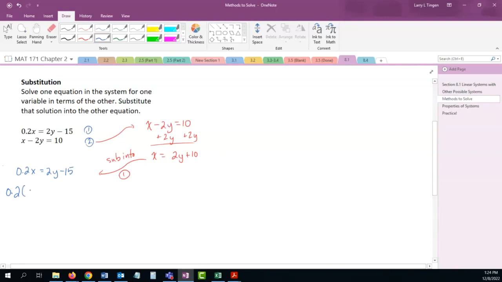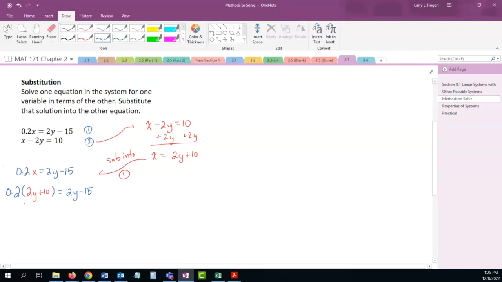So that means 0.2, and then that x gets swapped out for the 2y plus 10. Let me do this one in red here to really drive the point home. So there's 0.2 times (2y plus 10) is equal to 2y minus 15. All right, so that's the left-hand side. The right-hand side stayed the same.